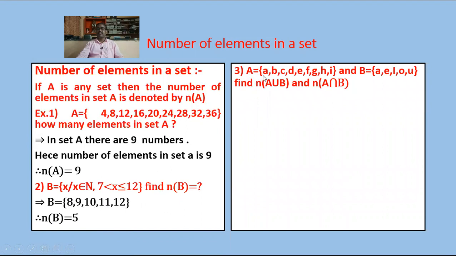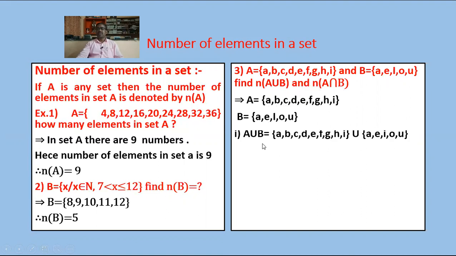Third example, capital A is equal to {A, B, C, D, E, F, G, H, I} and set B contains A, E, I, O, U. Find n(A union B) and n(A intersection B). Solution: given set A and given set B. First, to find A union B means all elements in set A and B written in a single set.